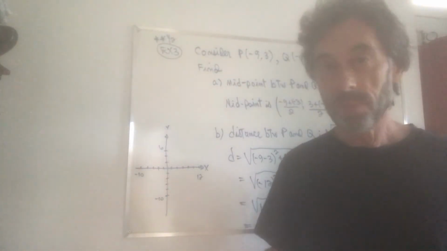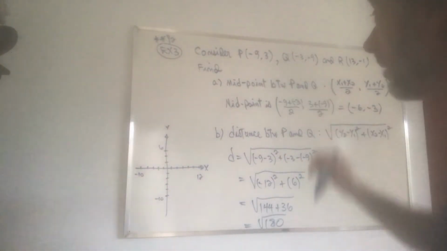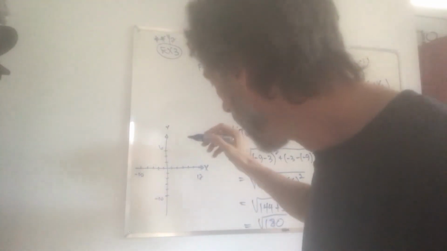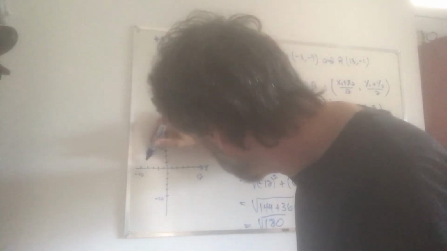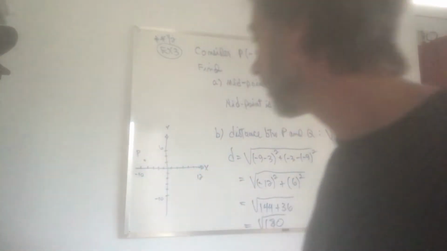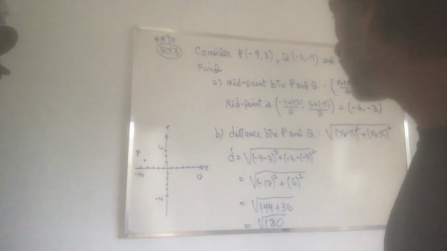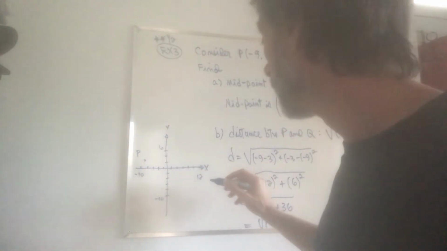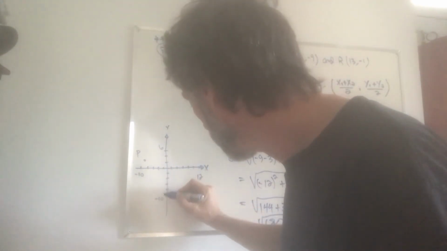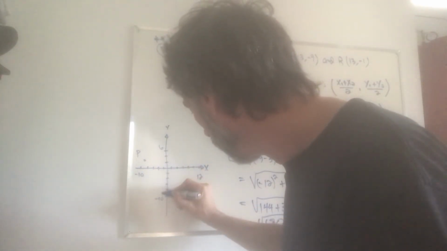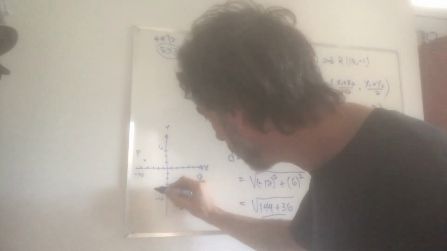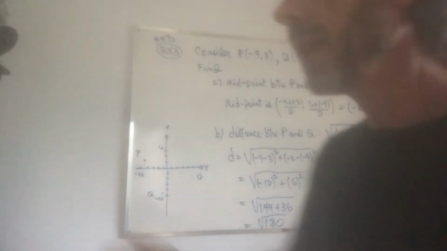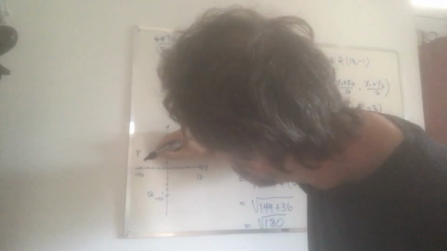The point minus 9, 3 would lie ballpark here. That would be my point P. My point Q is minus 3, minus 9, so it would be ballpark here. And then I would have a line that goes through this.